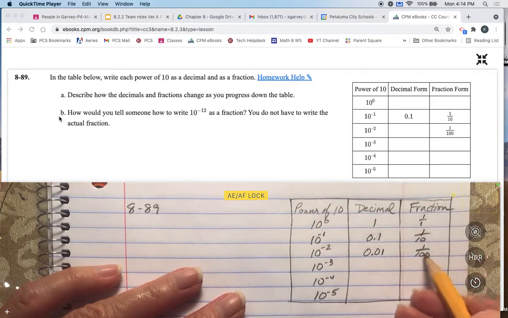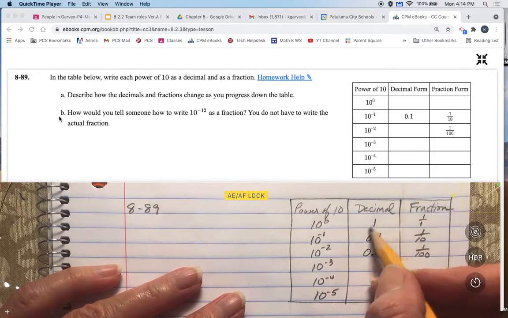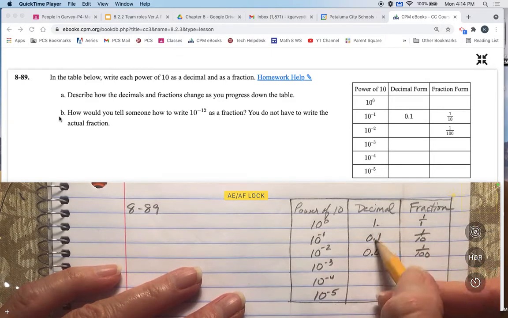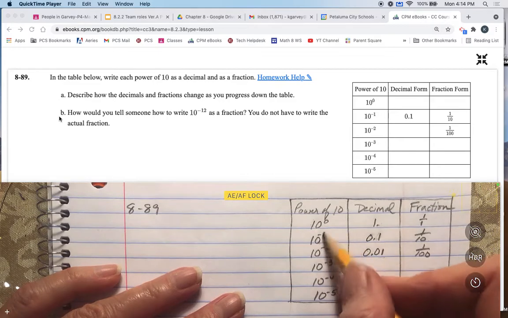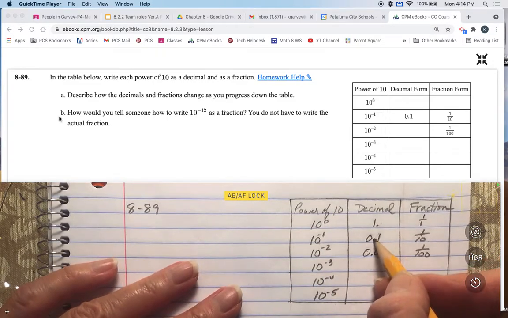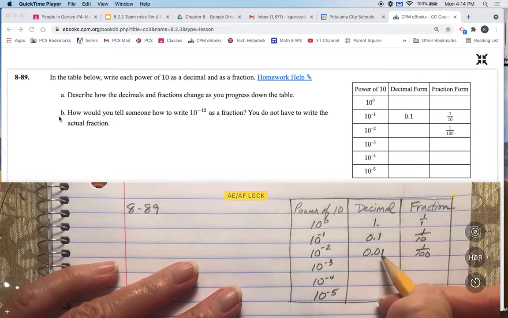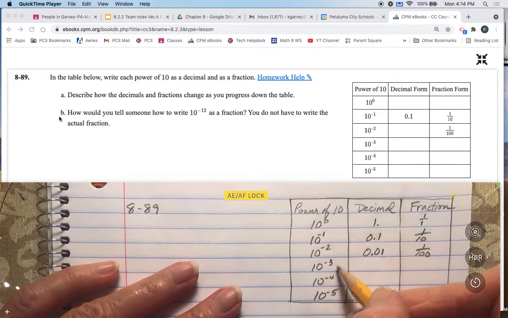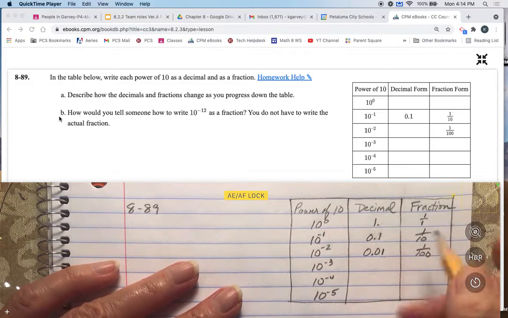So we're noticing some patterns here right away. So 1, the decimal point is right there. Here with the next one down, 10 to the negative 1, the decimal place has moved 1 place to the left. Here, it has moved 1 more place to the left, so the number is getting smaller and smaller as the negative powers increase.